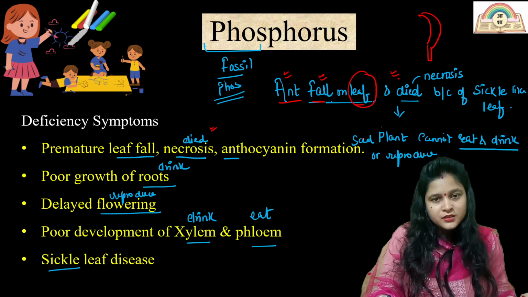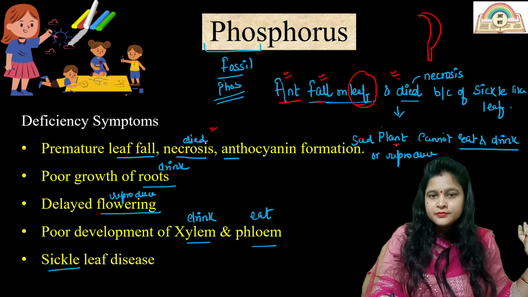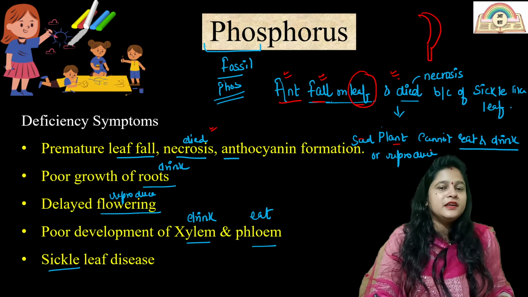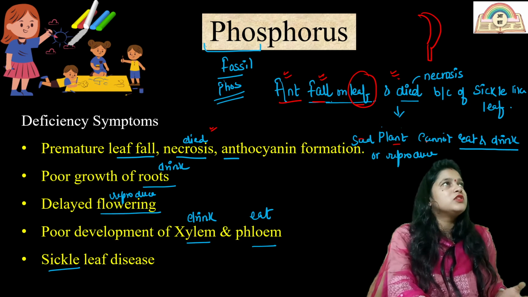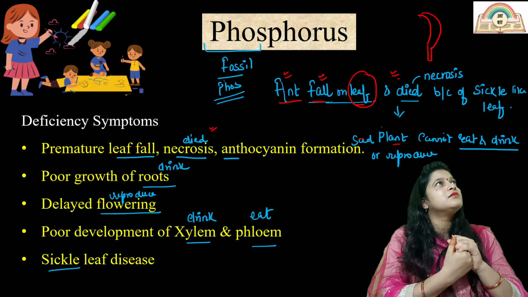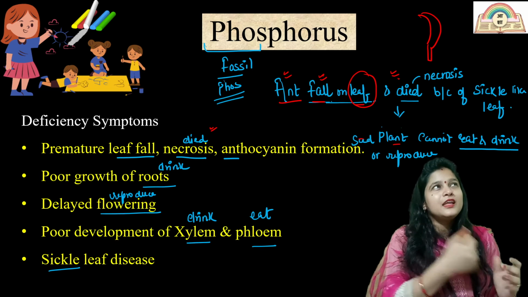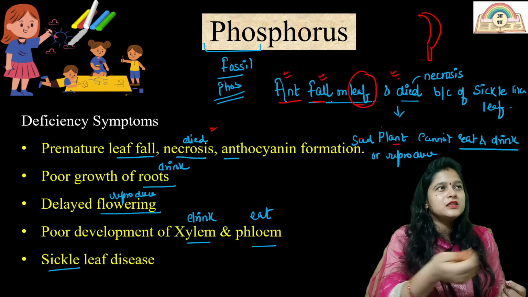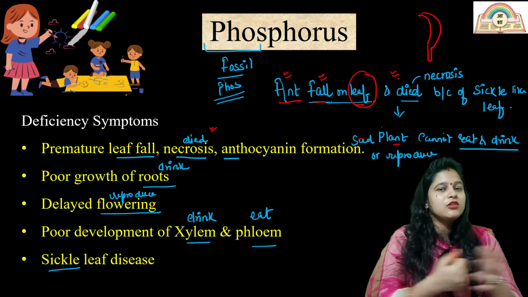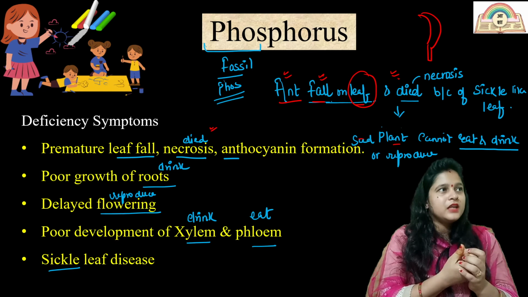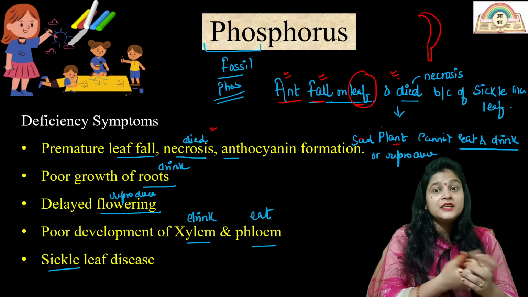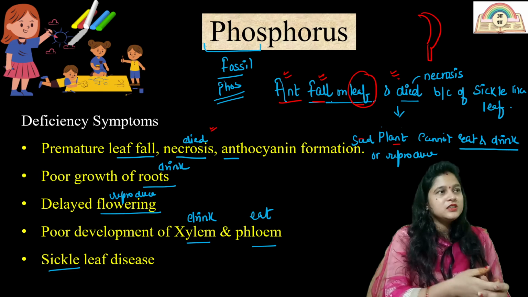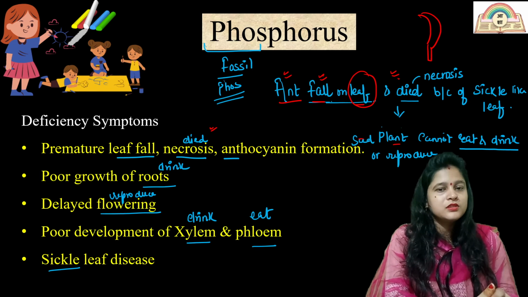Sad plant. Now the plant became sad and it cannot eat, drink or reproduce. Because the ant died on the sickle leaf of a plant, just as if someone kills someone, the killer also becomes sad if it's not an intentional murder.